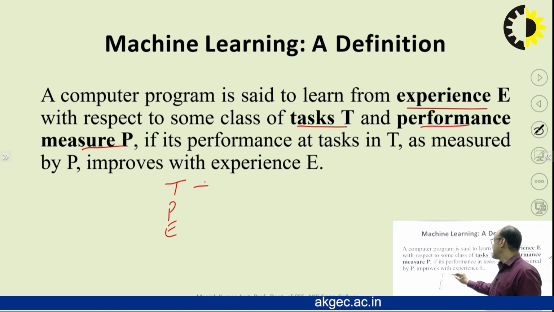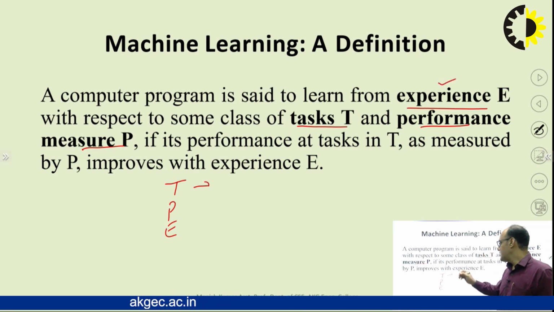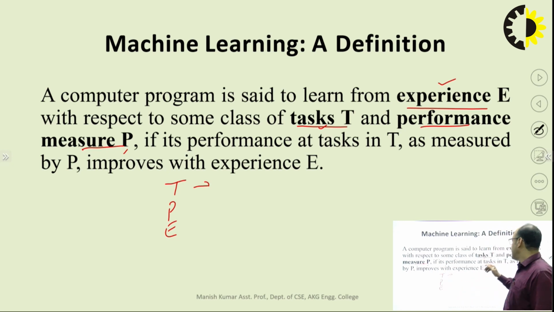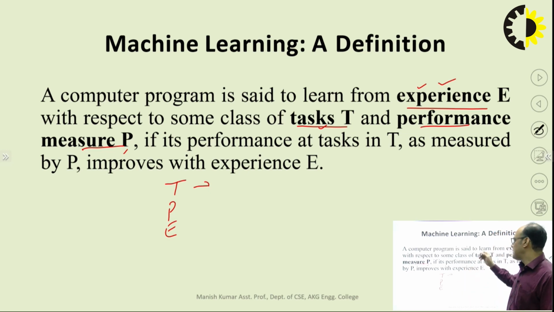He said a computer program is said to learn from experience E with respect to some class of task T and performance measure P. We assign some task, and the performance measure tells how the task is performed. Accordingly, the machine learns from the experience. So this T, P, E are the main features that we need to explain in machine learning.